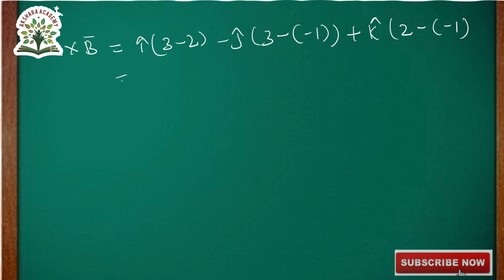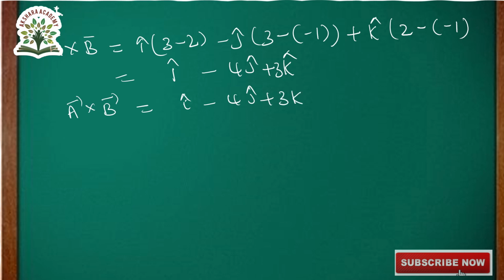So that is equal to 3 minus 2, 1 i cap, minus j cap of 3 plus 1, 4, plus k cap of 2 plus 1, 3. So A bar cross B bar is equal to i cap minus 4 j cap plus 3 k cap.